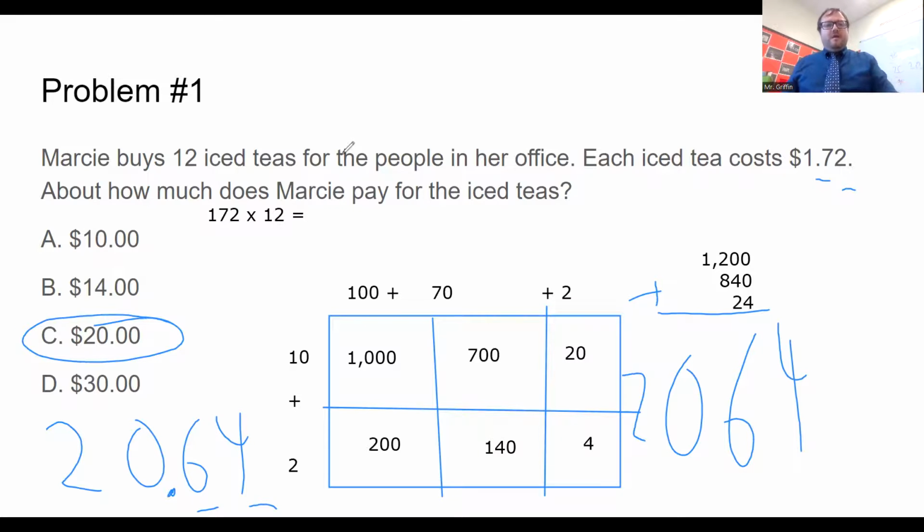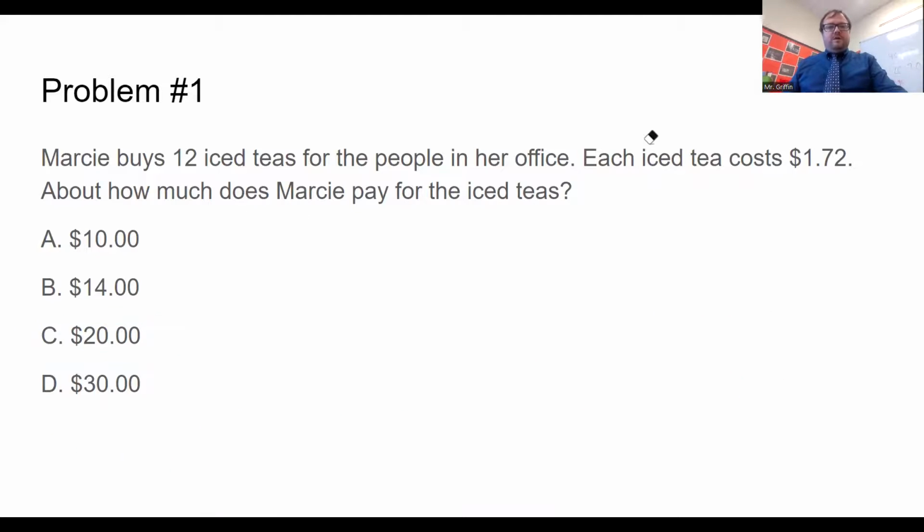All right. So I'm going to show you another way to do this without actually having to multiply all those numbers, since it is an estimation problem. So I know that I'm doing 12 times $1.72.